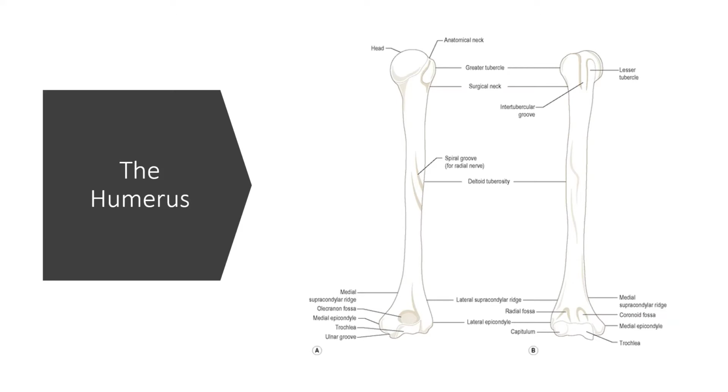The surgical neck, as you can see there, is the area where orthopedics will cut to then insert the joint replacement's new head of the humerus.